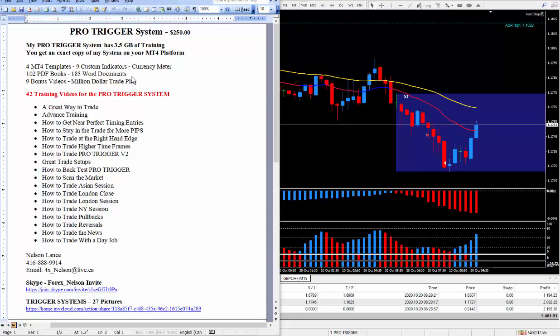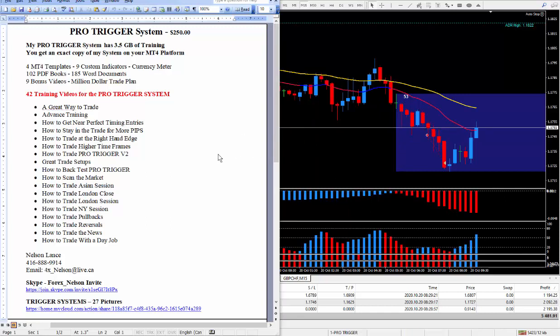I wasted years before I realized I got to get with the program: get education, get proper tools, and a half decent system. And my trigger systems are way beyond half decent. I went through 10,000 indicators before I found ones that don't repaint.